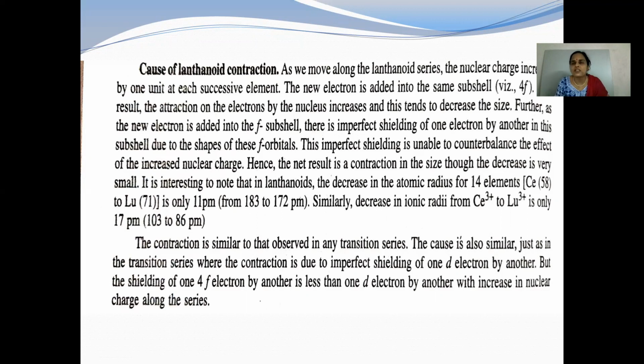The contraction is similar to that observed in any transition series, and the cause is also similar, just as in transition series, where the contraction is due to imperfect shielding of one d electron by another. But the shielding of one 4f electron by another is less than one d electron by another, with increase in nuclear charge along the series.